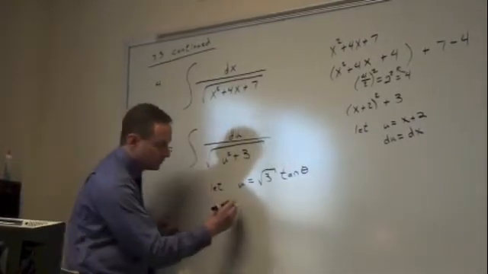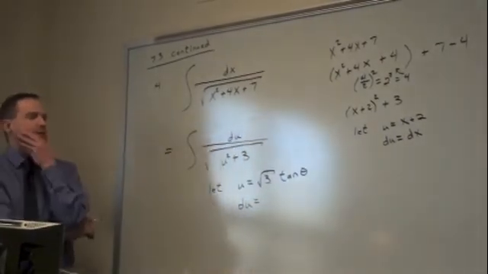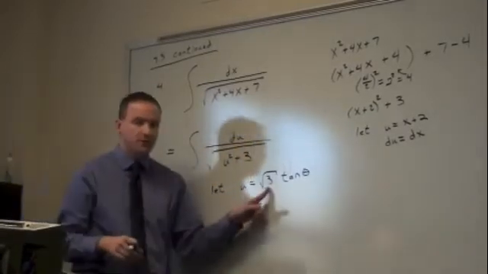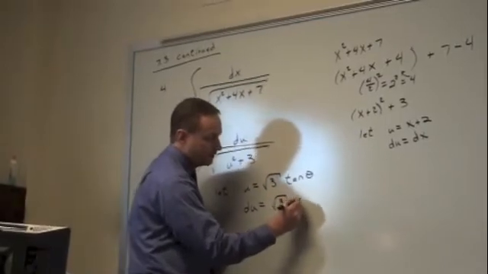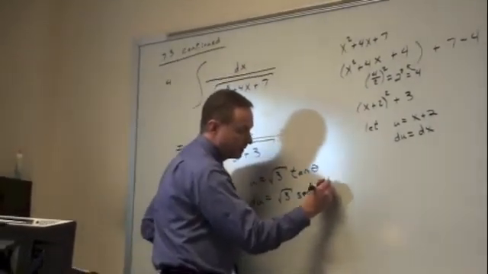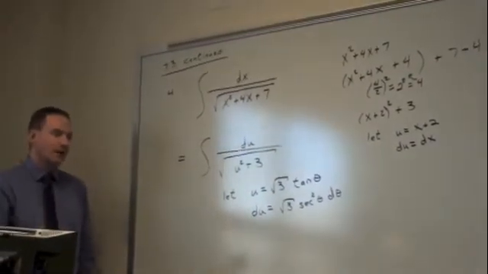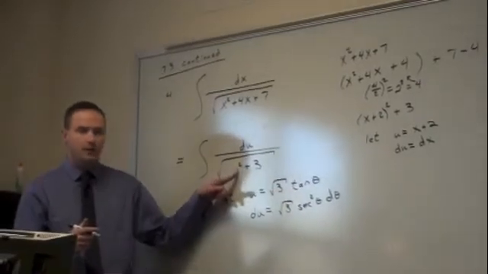Well, du, I can say, well, what's the derivative of the tangent of theta? Well, derivative of tangent is secant squared. So this coefficient just goes along, and I'll say it's the square root of 3 secant squared theta d theta. So I can go back into my problem and say, let's go ahead and substitute everything we know here.